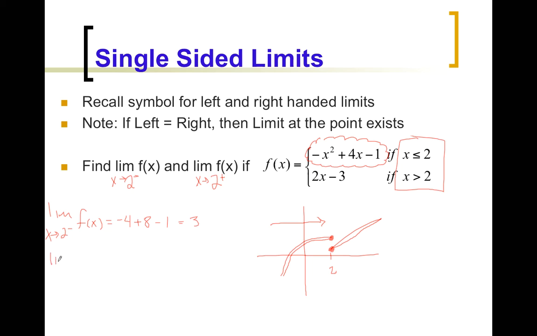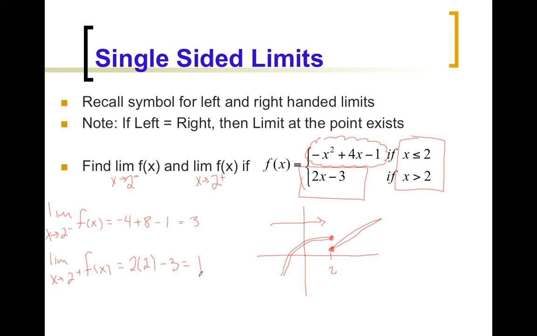So let's see what the limit from the right is. In order to find the limit from the right-hand side, I need to use the right-hand side function, and that's everything bigger than 2. So I get to use this one. I get to say, okay, plug in 2. I get 2 times 2 is 4, minus 3 is a 1.